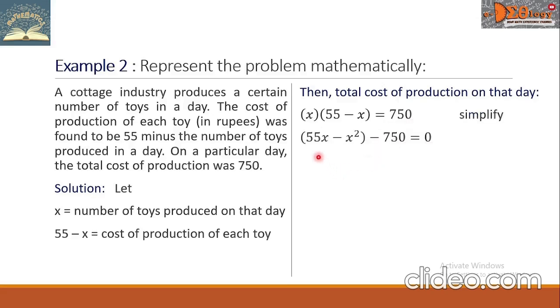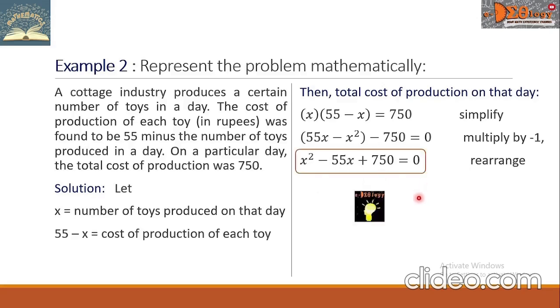So it becomes 55x minus x squared, then negative 750 equals 0. Let us multiply this by negative 1 and we will rearrange. So it becomes x squared minus 55x plus 750 equals 0. This is now the answer.